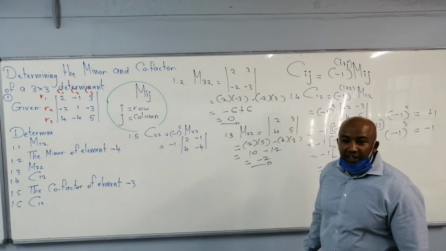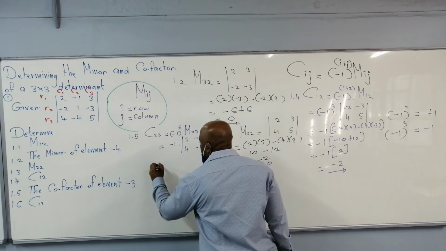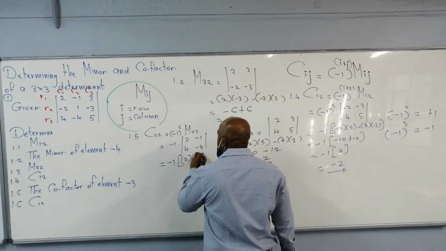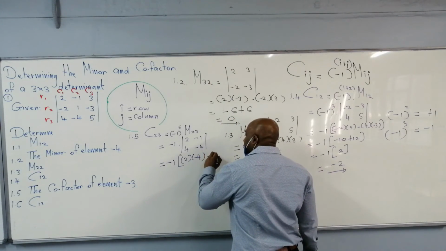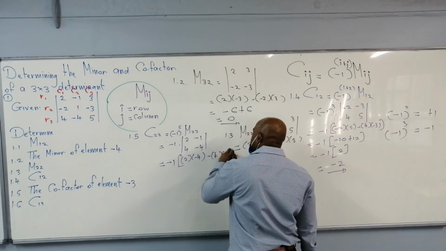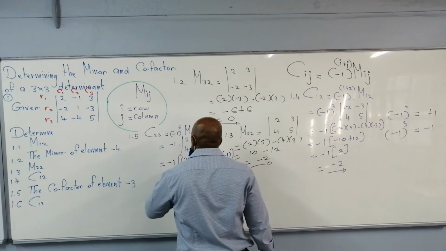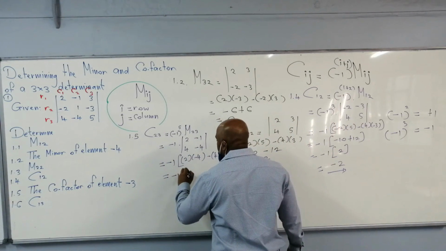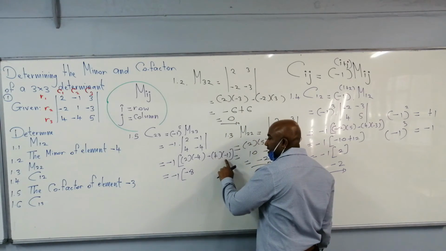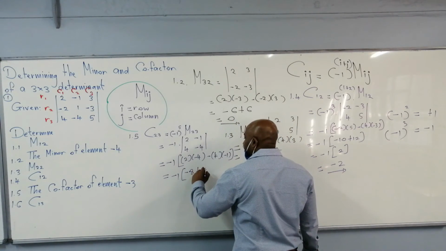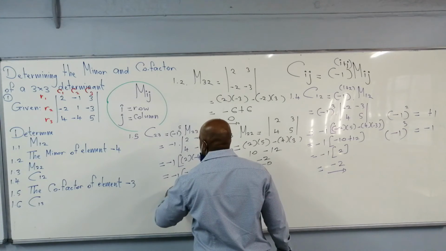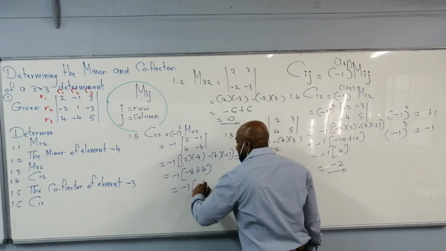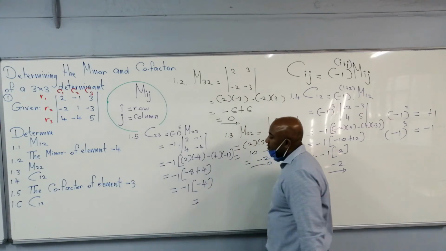And now evaluate. So that's going to be minus 1, and then I got 2 times minus 4, minus 4 times minus 1. So 2 times minus 4 is minus 8. Negative times negative is a positive 4. So minus 8 plus 4 is minus 4.